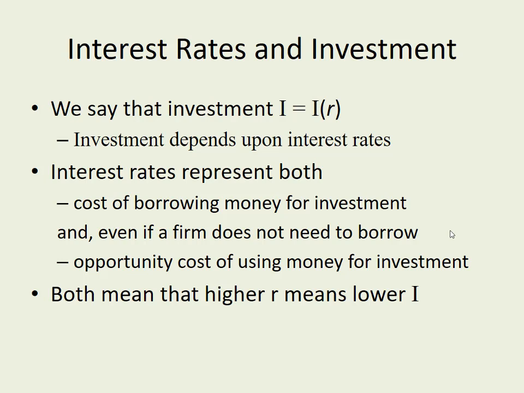Instead of investing in my company, I can just put this pile of money into investments and I'll get that interest rate back. Through that high interest rate, I'll get a return instead of having to invest in my business. So high interest rate makes you more reluctant to invest in your business. So higher R means lower I. So that's your golden rule from this. Higher R means lower I.